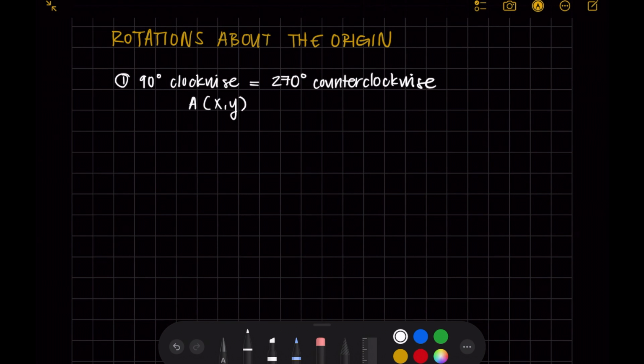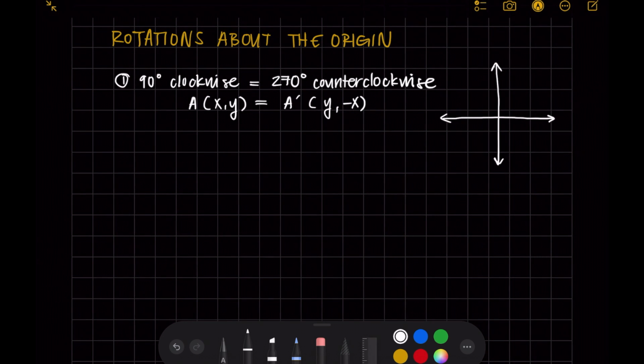If I wanted to rotate this point A 90 degrees clockwise about the origin, my new point would then be located at, let's say, A prime: y, negative x. So what I do is I switch the locations of x and y, and I stick on a negative sign for the x.